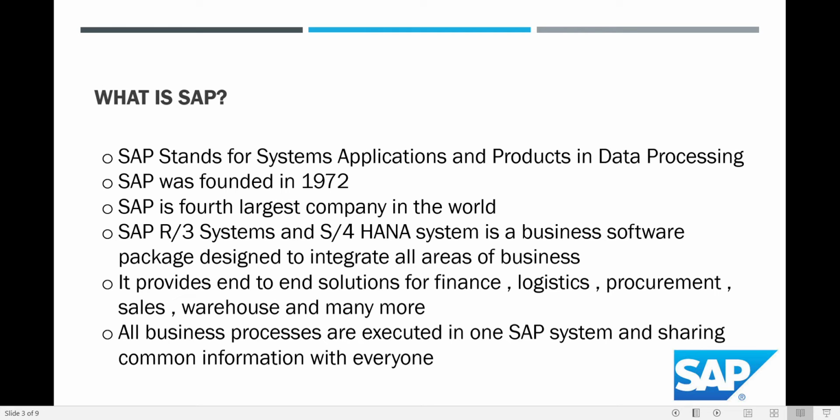The first version is the SAP R3 system, which is also known as SAP ECC system. A lot of companies are still on this old version of SAP ECC system, whereas S4 HANA is the latest ERP solution which SAP is offering.